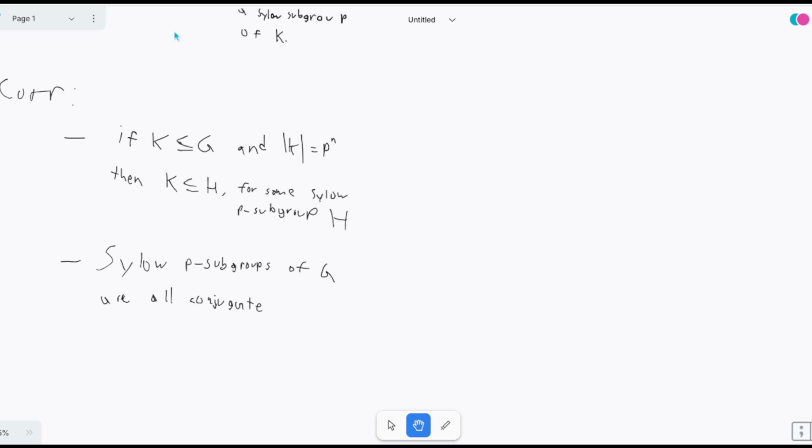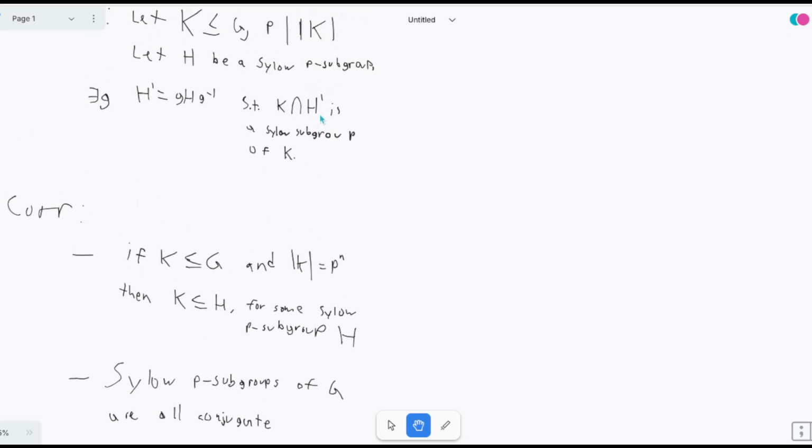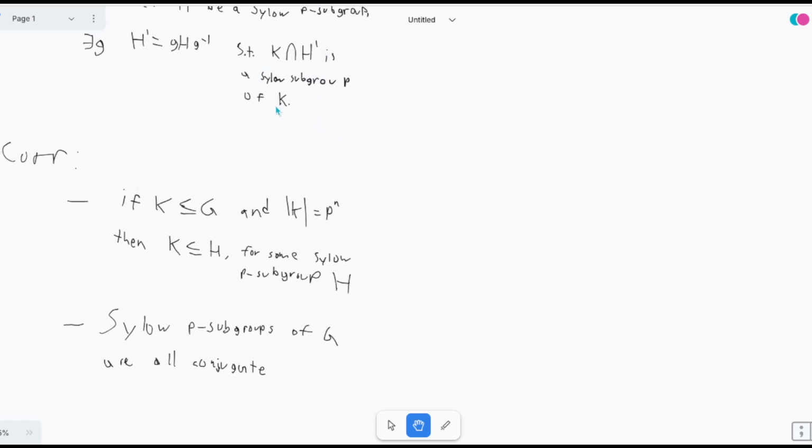Meaning that by this theorem, we have some conjugate H prime of H such that K intersect H prime is a Sylow subgroup of K, but that just means in this case that it's K itself.